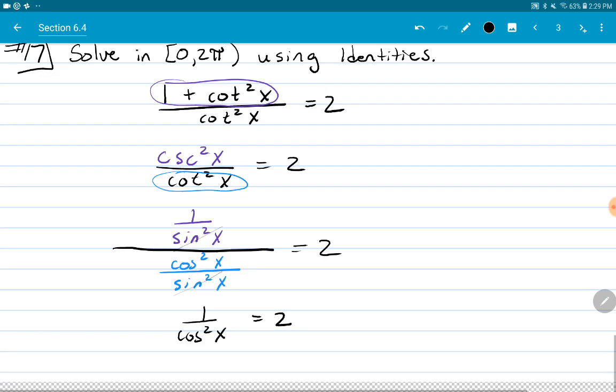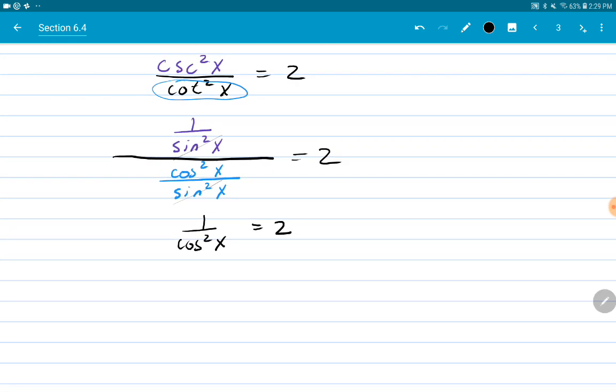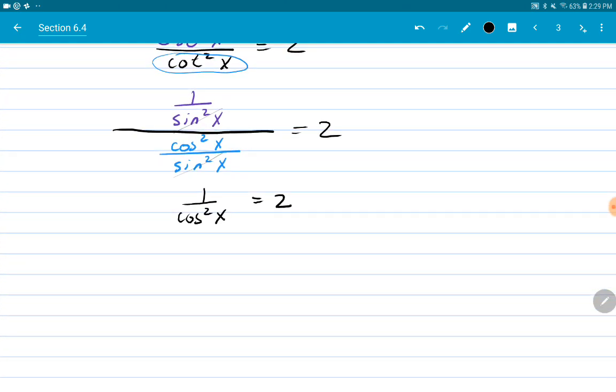So, I'm sorry, cosine squared, right? And then the square root of that, let's see. Let's take the square root of both sides. Actually, let's rewrite this without the fraction.